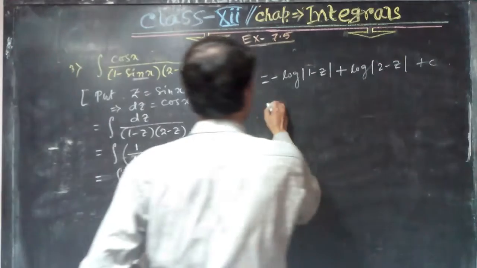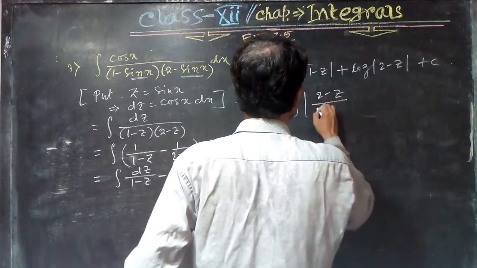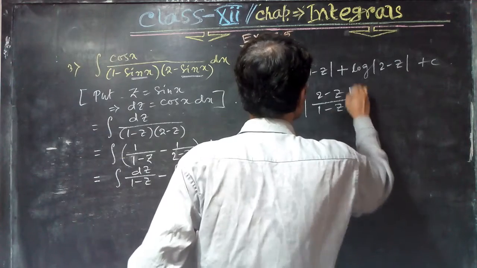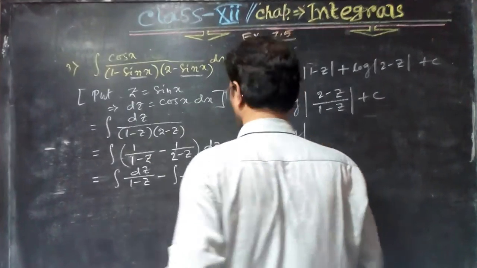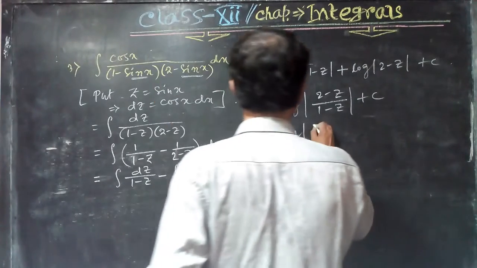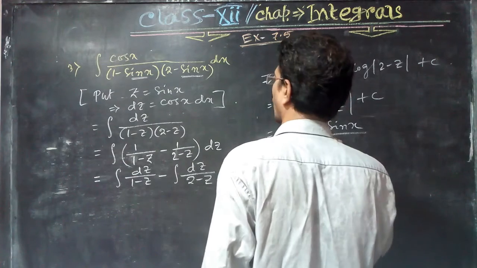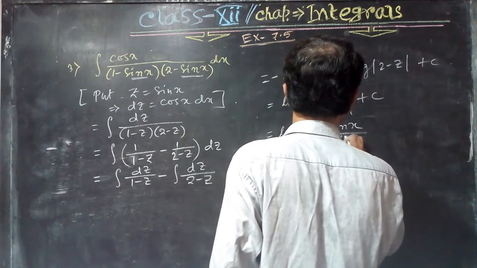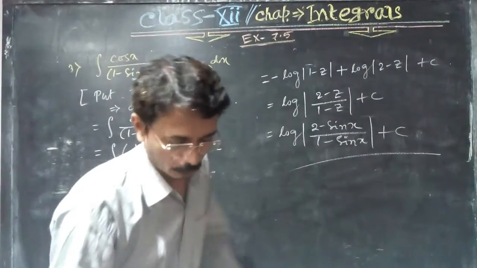Plus c, equal to log mod 2 minus z by 1 minus z plus c. Z means sin x: log mod 2 minus sin x by 1 minus sin x plus c. C equal to integration constant.